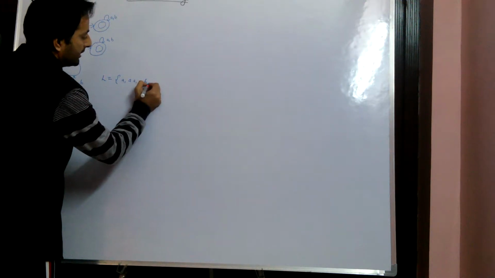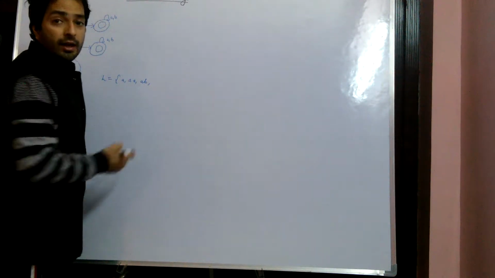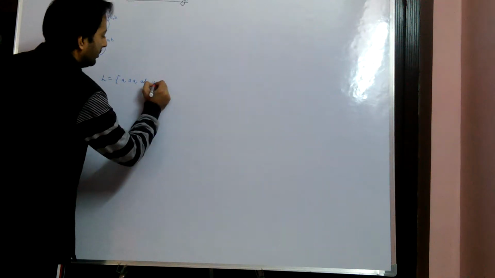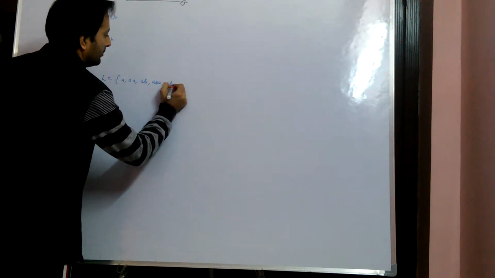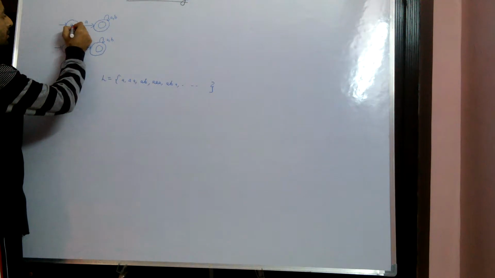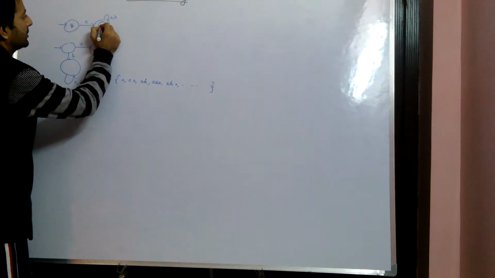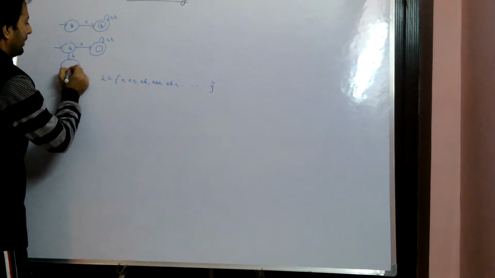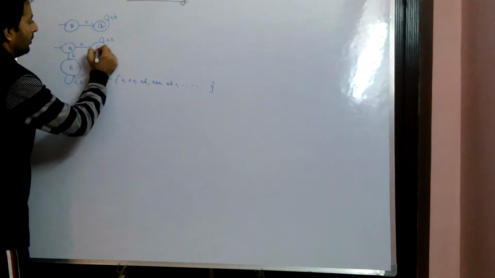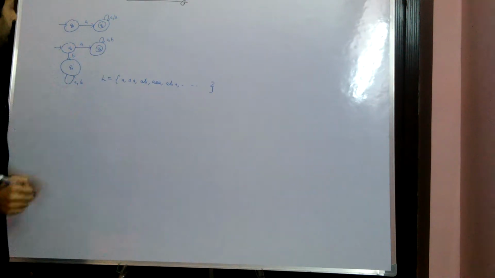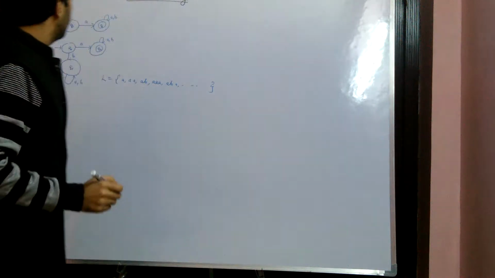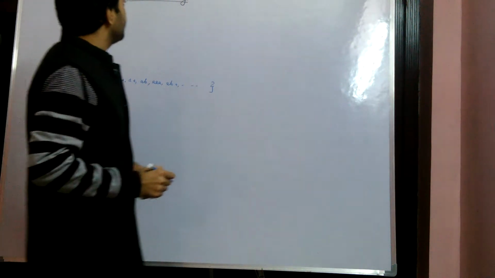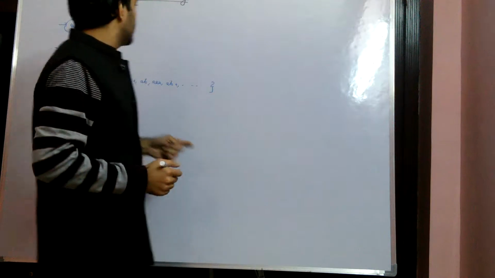Okay, so you all might be remembering the language that was accepting all the strings starting with the alphabet A. These were the examples which we had discussed. Now over here, one more thing: generally we use symbols like Q0, Q1, Q2 to represent the states, because this is a convention.